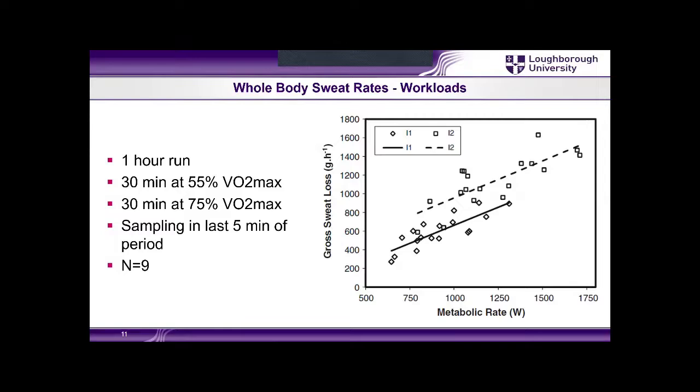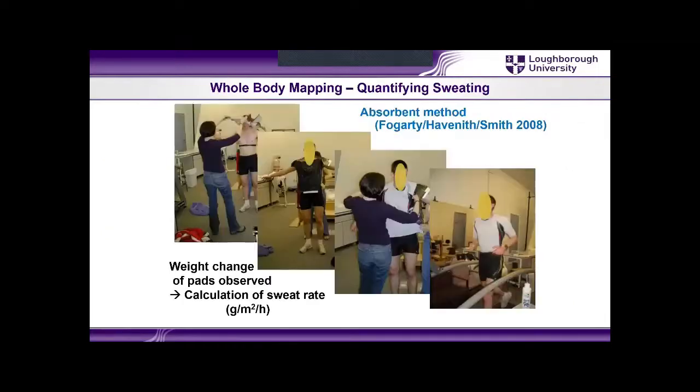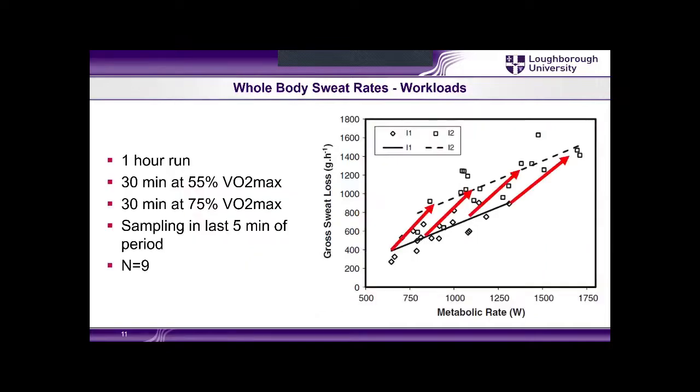And interesting to see, and of course, if you look later on with experiments done, especially in Ollie's group, but also others, you see a very strong relation here between sweat rate, sweat production, and metabolic rate. But interesting is that the lines for intensity 1 and intensity 2 are not continuing from each other, but actually there is a shift in the line upwards for the individuals.